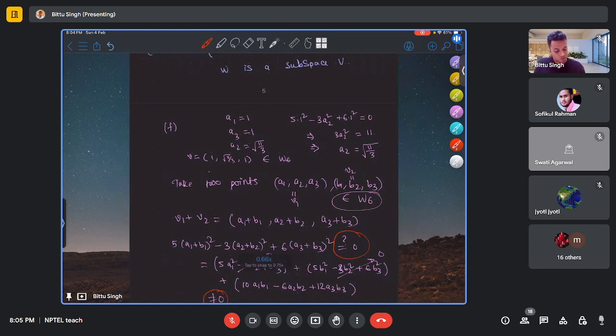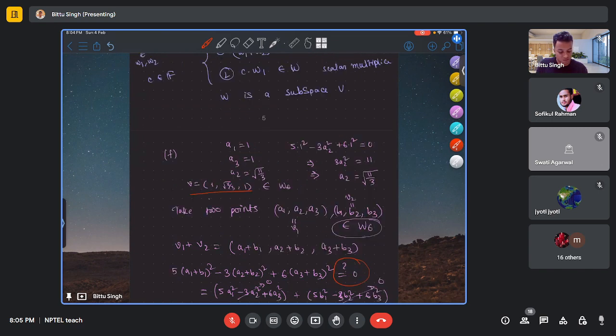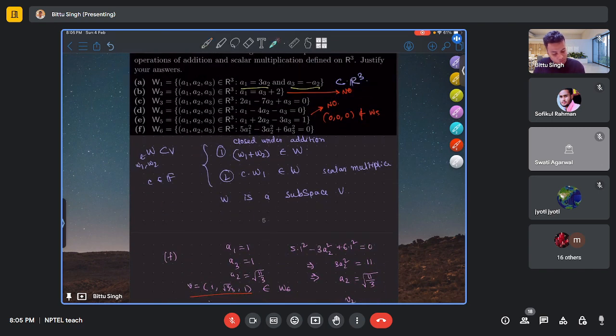That's why you need to take two elements that lie in the space W6, but their addition does not lie in W6. Your guess is true, but we need to prove rigorously that it is in fact true. Is it clear, Swati?